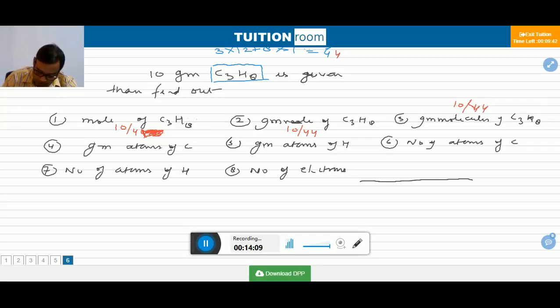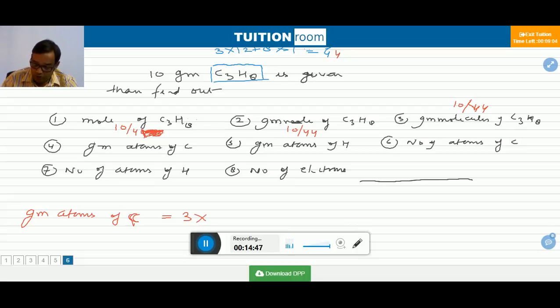Now gram atoms of carbon. I am writing here gram atoms of carbon. How many carbons are given in the formula? So in C3H8 propane, there are 3 carbons. So gram atoms of carbon is equal to 3 into mole of the source. The source is what? It is the propane.